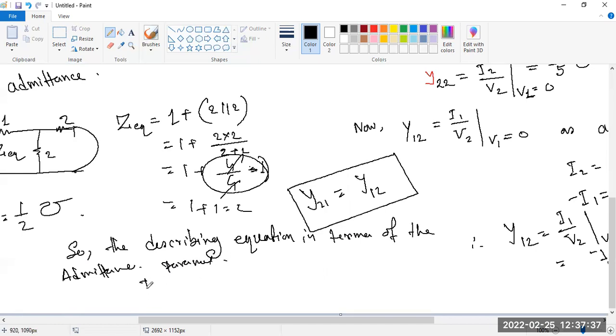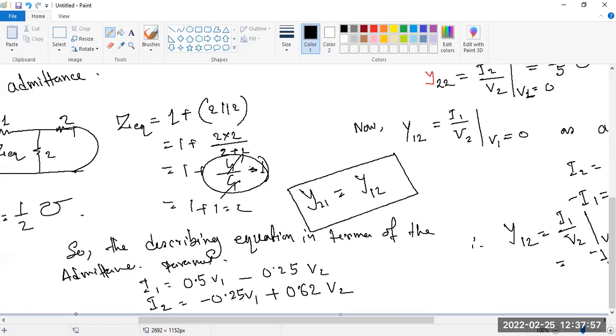Okay, so we can write out I1 equal to 0.5 V1 minus 0.25 V2, and I2 is minus 0.25 V1 plus 0.62 V2.